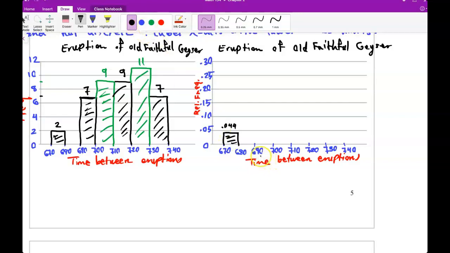And then here is 0.1556. So that is 0.15 or 15%. 20%.